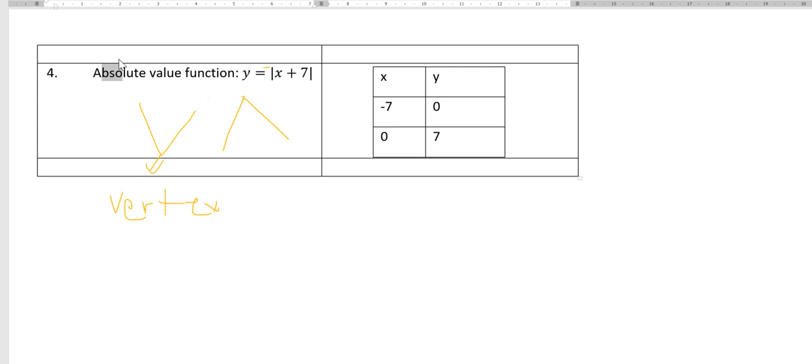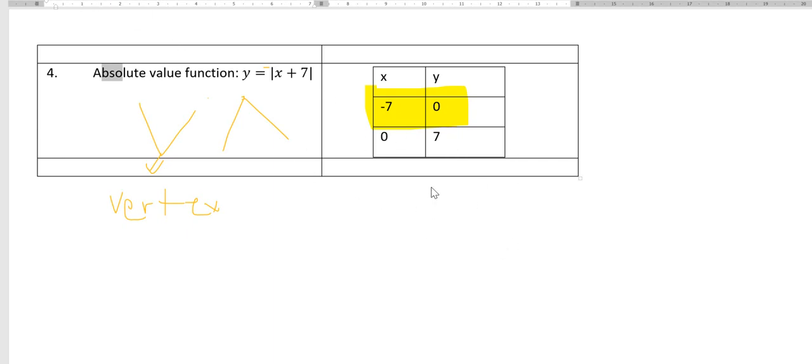Whenever you're graphing an absolute value function, the first thing you will do is find the vertex of the graph. In this case, that is usually where y is 0, or you can say you're looking for the x-intercept, which in this case is negative 7, 0.